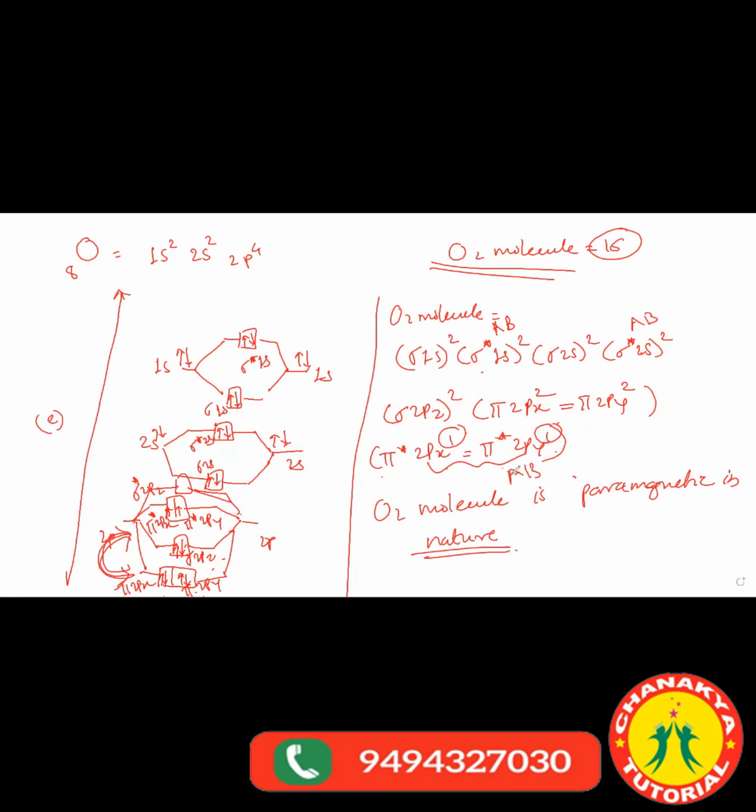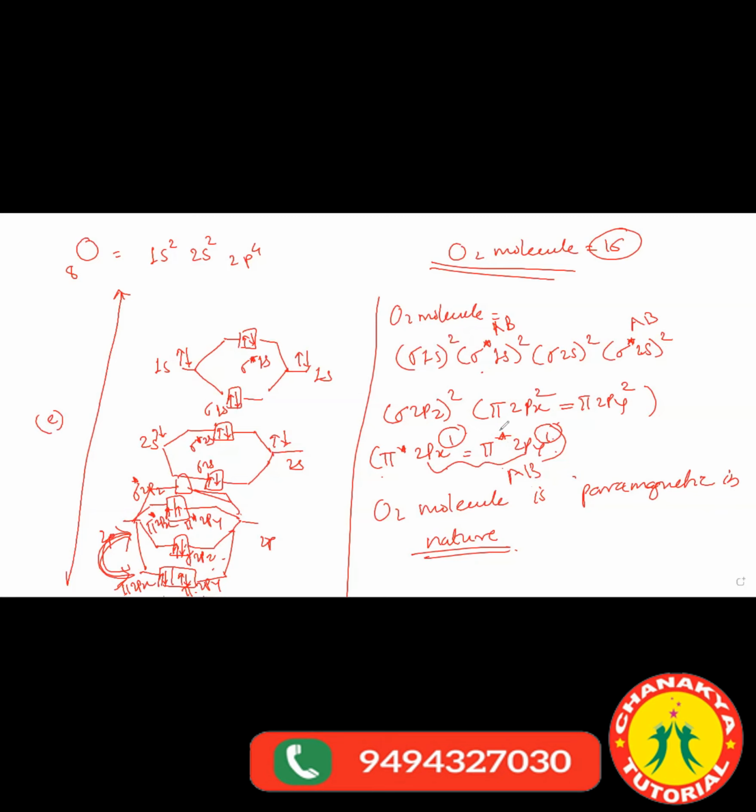That will be... 6 electrons should be there, no? How many? 6 electrons are there, right?